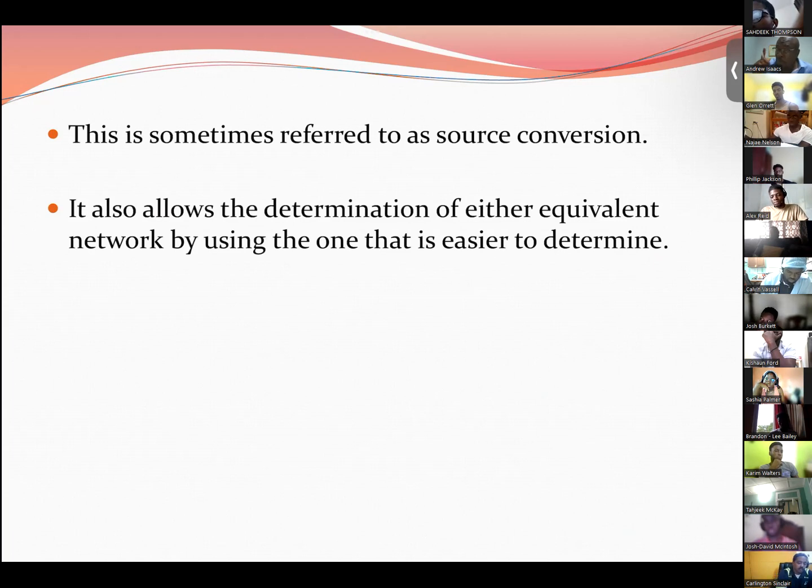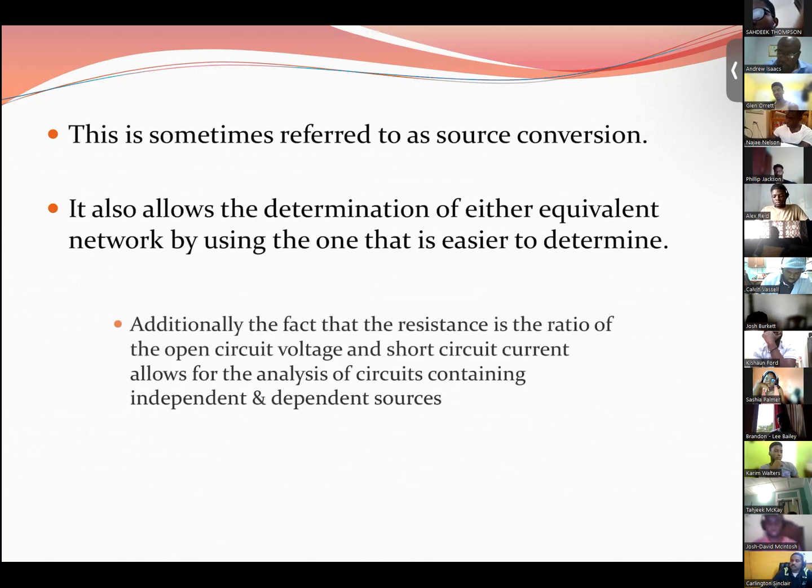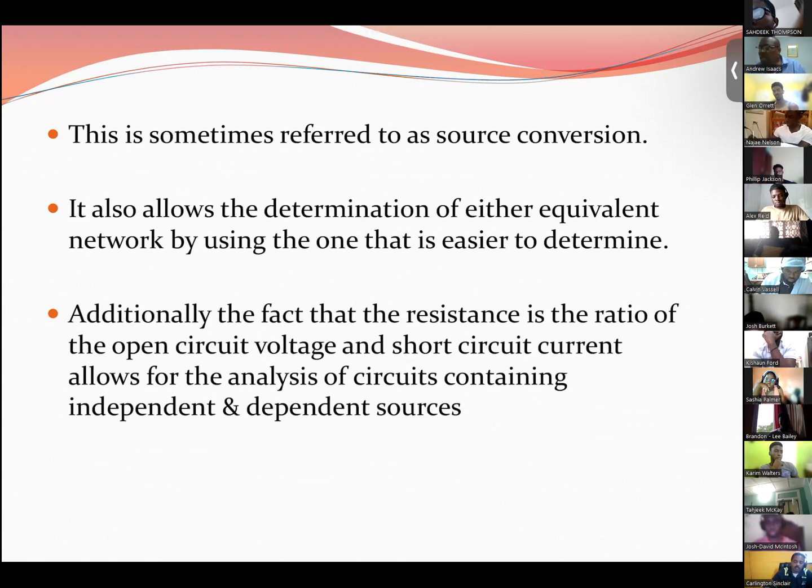But the most important link between the two is that in finding the Norton resistance or Thevenin resistance, yes, we have to replace the sources by their internal impedances. However, when you have dependent sources included, it's impossible because you do not know the internal impedance of the dependent source. Unless, of course, you're given it, but we just take it that we don't. So these are the 3 points. You can note them.